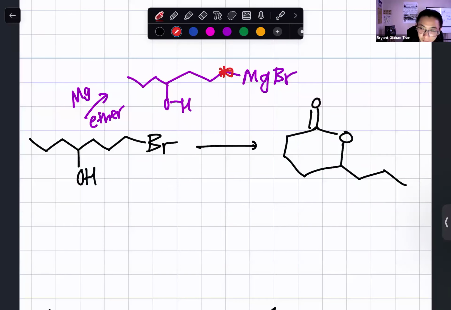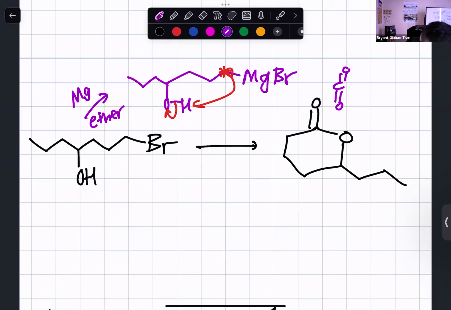And when it detects an acid present, it's going to deprotonate that acid right away before attacking a carbon dioxide. Before we even try to add carbon dioxide here, it cannot attack that carbon dioxide because it's distracted by the acid. Acid-base reaction is going to happen faster. So we can't do a Grignard reagent here.